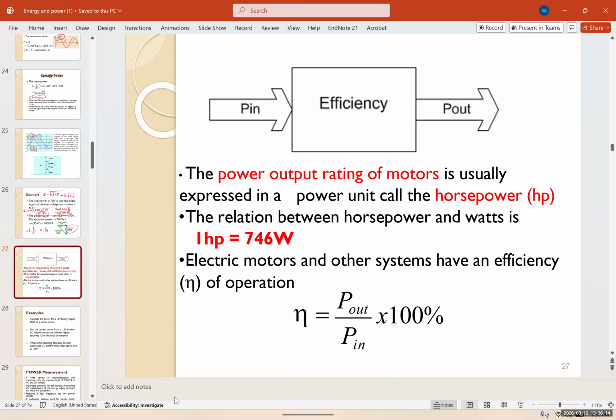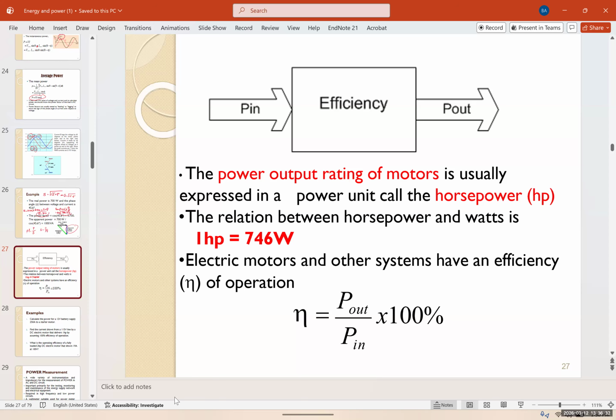For example, if the motor is 2 horsepower, it means it's 1.592 kilowatts. So 1 horsepower is less than 1 kilowatt.